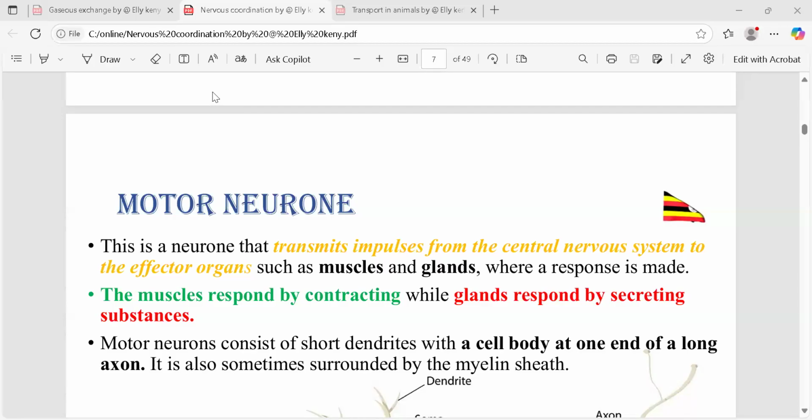Now, let's take the same case. When the information has reached the brain and it has been interpreted as a snake, it shall cause what we call a cascade effect. It shall send information to all organs, and those organs that have glands shall be able to secrete hormones that can enable you to run away or overcome that stimulus you've seen.